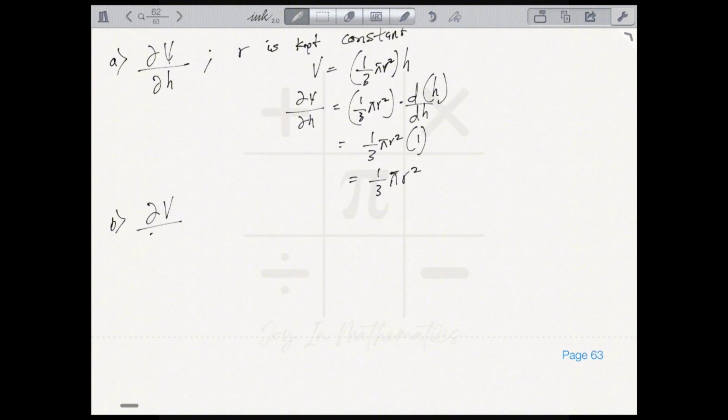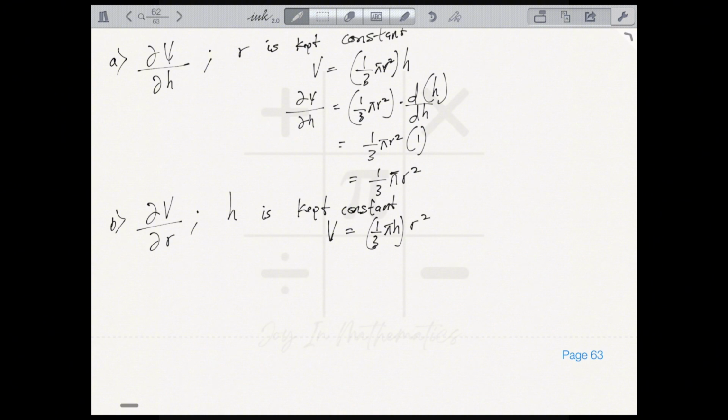Evaluating the partial derivative of V with respect to r, that means that our h is kept constant. And if h is kept constant, we can write our volume as 1 over 3 pi h as a constant multiplied by r squared.